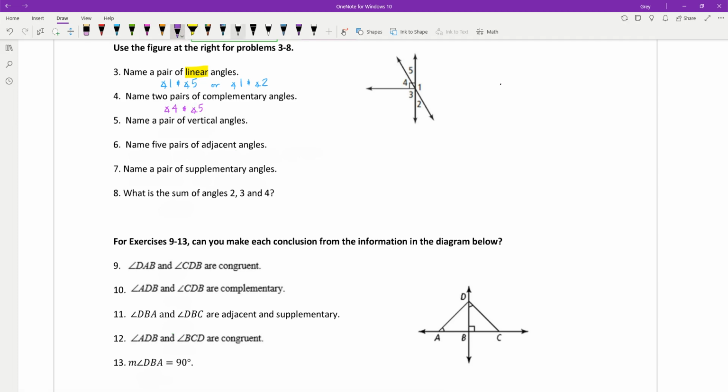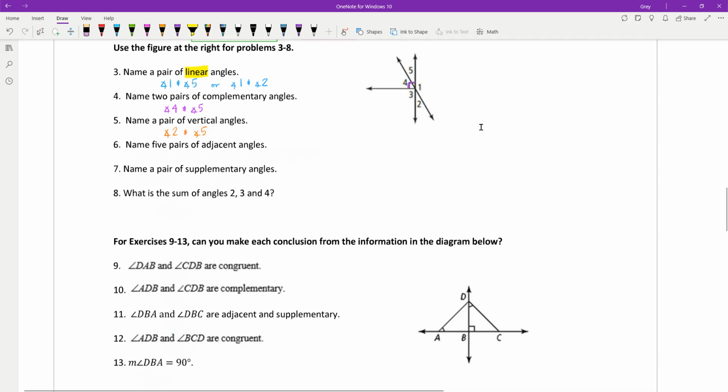Okay, so another pair, if I know that 5 is congruent to 2, how do I know that those are, well, we don't know that. I'm going to stop there, y'all. Those are the only ones that you know right now. From our picture, 4 and 5, because of this right angle here, then I know that 4 and 5 are complementary. Vertical angles, those are the ones that make that V and that are kind of opposite each other. That's 2 and 5.